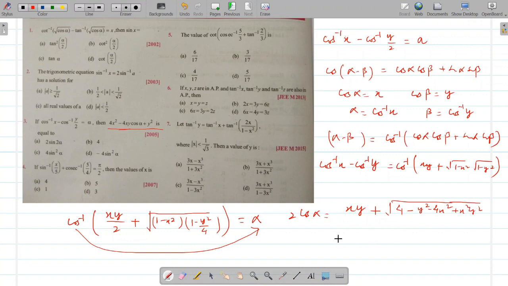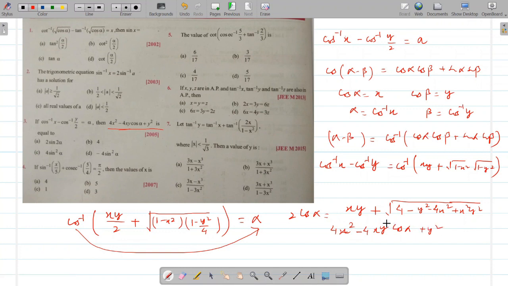So now basically we have to get the value of 4x square minus 4xy cos alpha plus y square. This value we have to find.